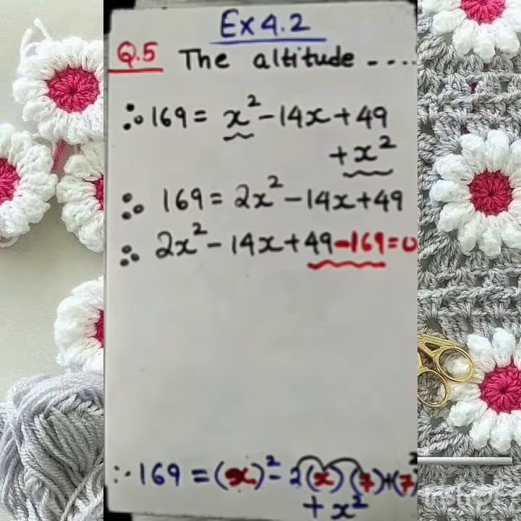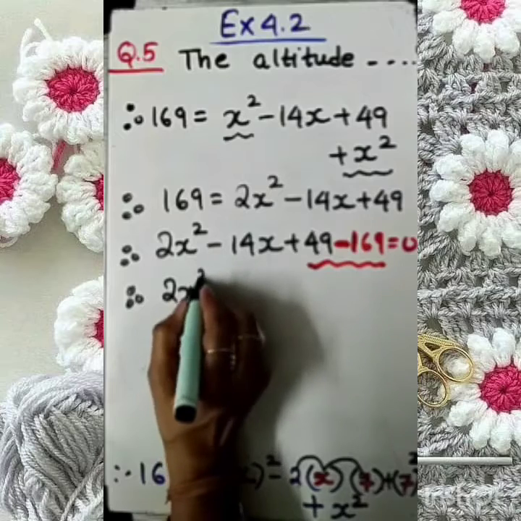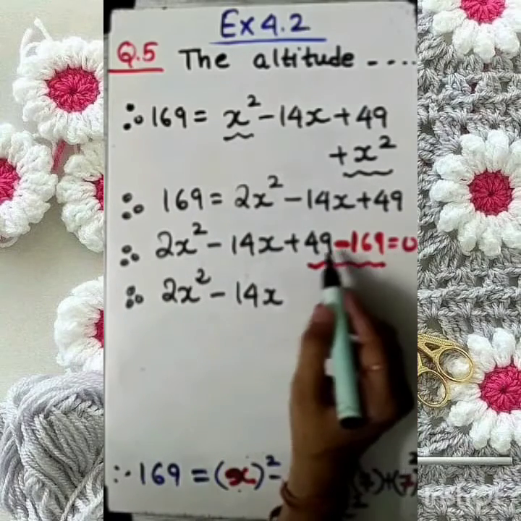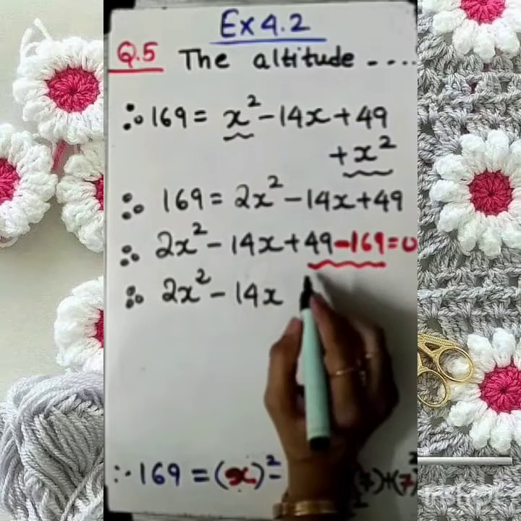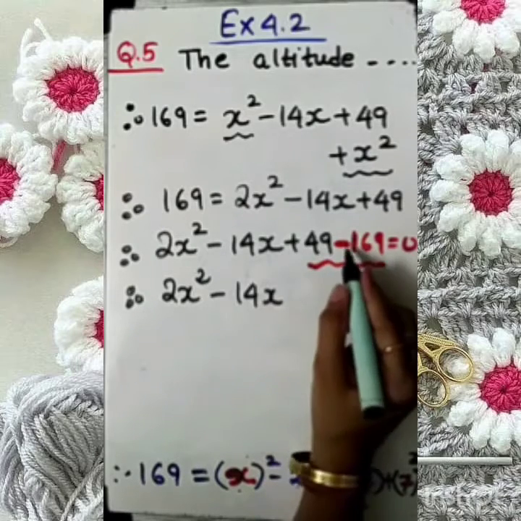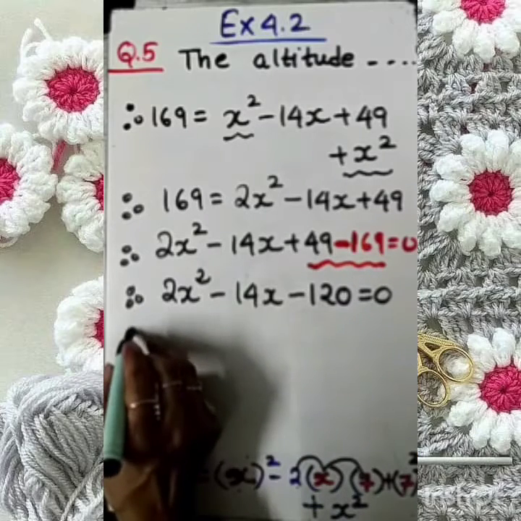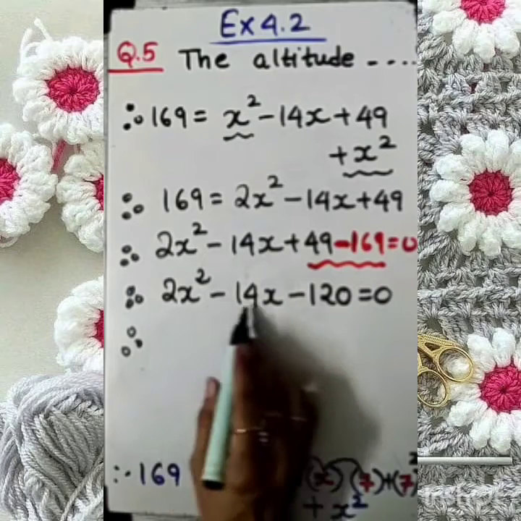Okay, so what do we have after the simplification? This is 2x square minus 14x. If I subtract this from this, I should have minus 120. If I subtract, I will get the answer as minus 120 equal to 0. Now I can see 2 is a common factor in all these three terms.